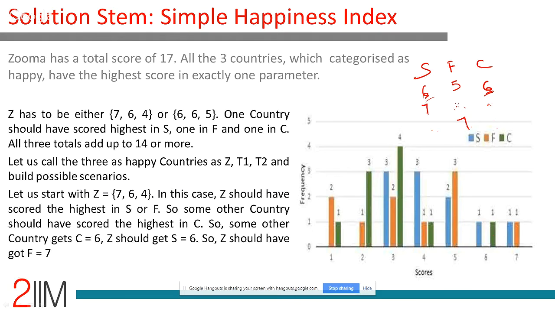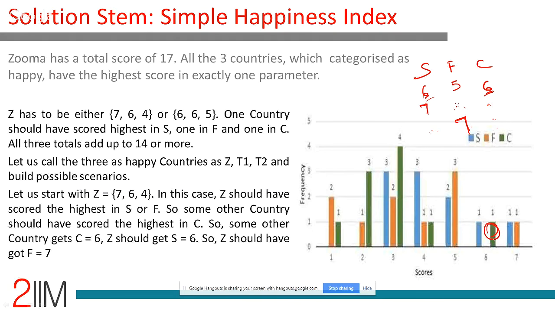Is that possible? With 7 as freedom here. Can we have a 6 here and a 4 here? A blue 6 and a 4 here. Is that possible? Think about it. There is one particular catch I wanted to pick here. If 7 is the highest for Zuma, remember this, then this green 6 has to go to someone else.